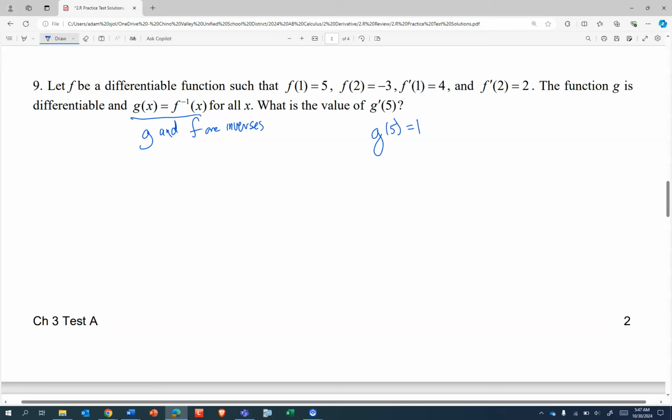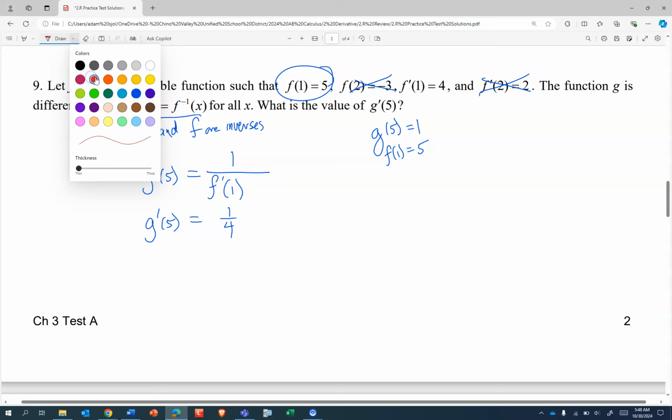And g of 5 is 1, because f of 1 is 5. So I suppose the easy way to go is to have memorized that g prime of 5 is going to be 1 over f prime of 1. So 1/4.